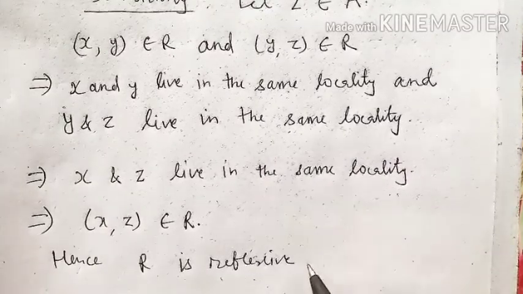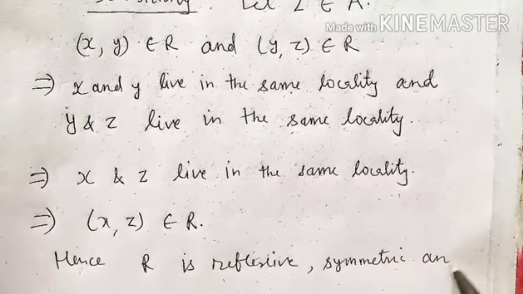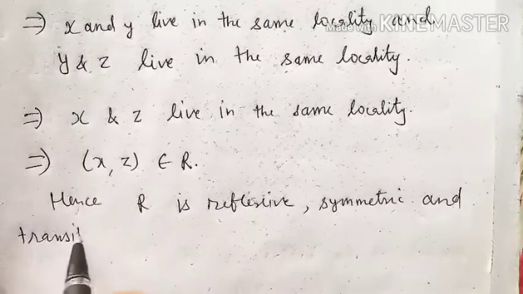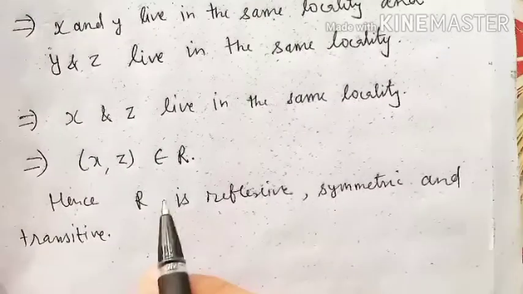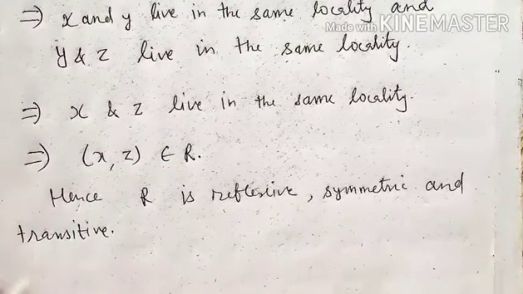Hence, R is reflexive, symmetric, and transitive. So this relation R is also an equivalence relation. Let us see the next one.